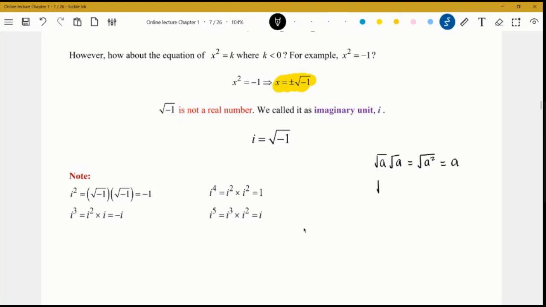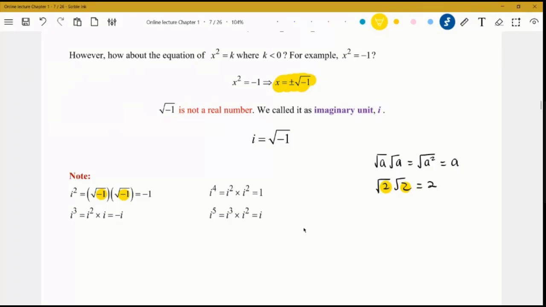Kalau square root 2 darab square root 2, kita akan end up dengan 2, sebab base di dalam adalah sama. So sebab dalam ni adalah base yang sama, negative 1, so end up dia adalah negative 1. Okay, so that's how we simplify i square.